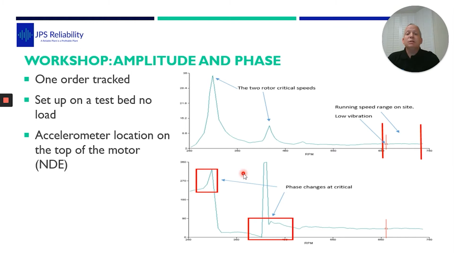And yes, there are two rotor criticals here. You can see as the phase goes through 180 degrees, we got one high peak, and here where it goes through 180 again, we get another high peak. But this is down at 300 and 375 RPM. At the actual run speed on site, that motor was running super smooth.